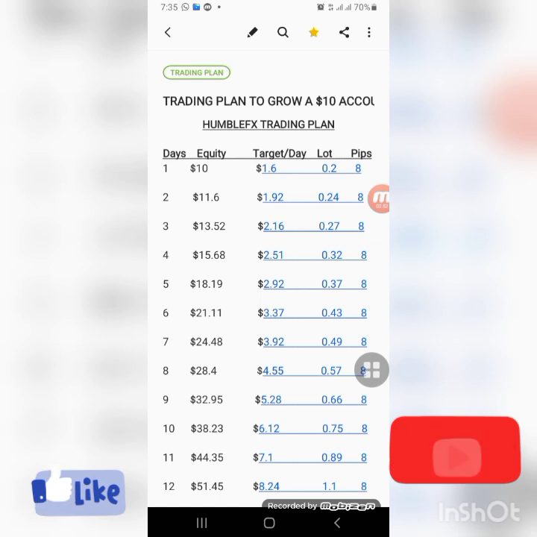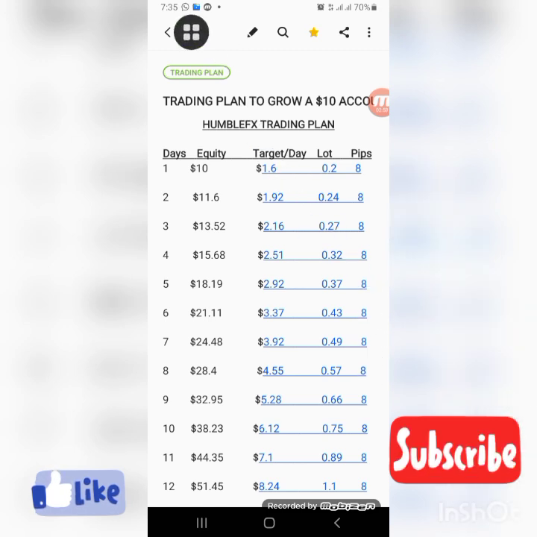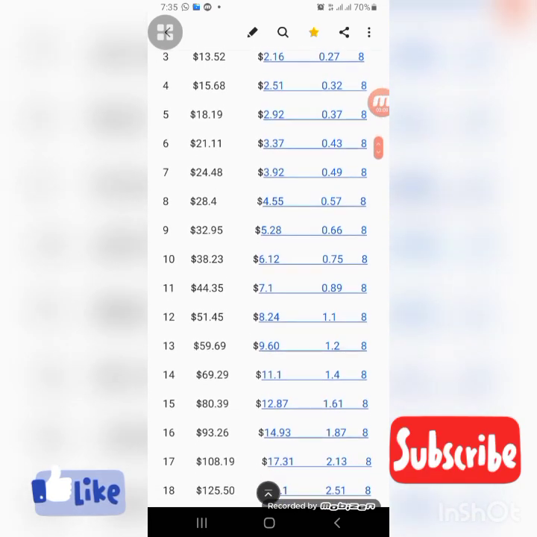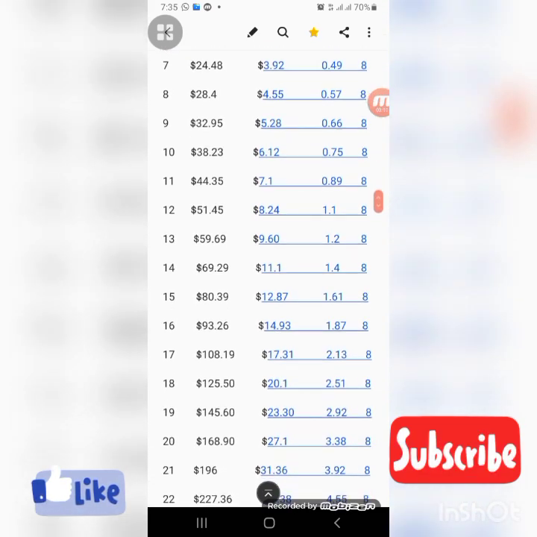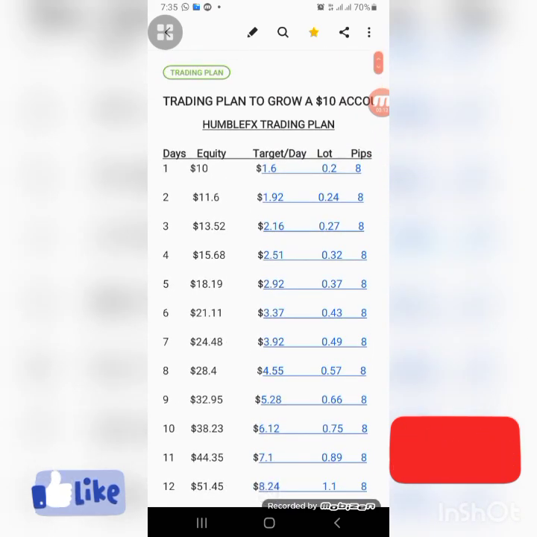You know this is very possible. We are not going to risk high. This is far better than the other one we showed you last time. This is very achievable. You could say the targets are not too big, and I did it in a very simplified way.